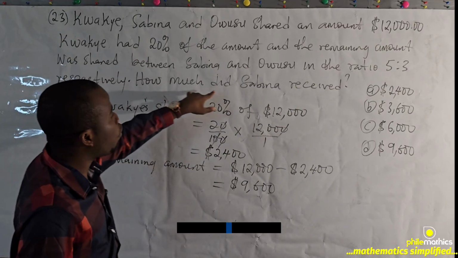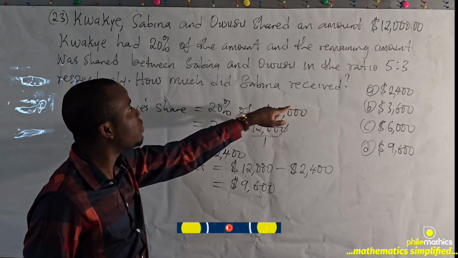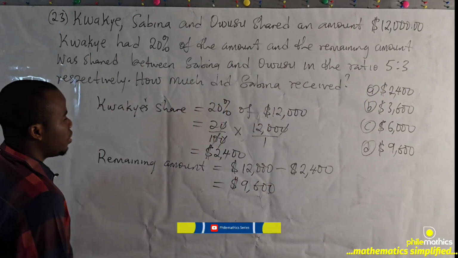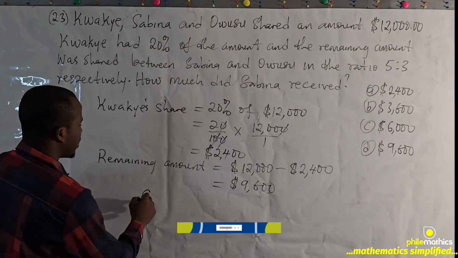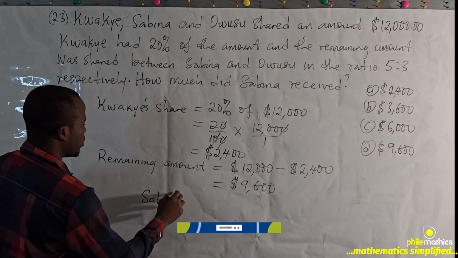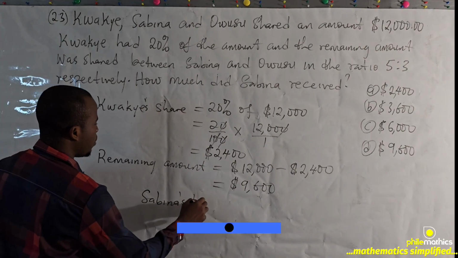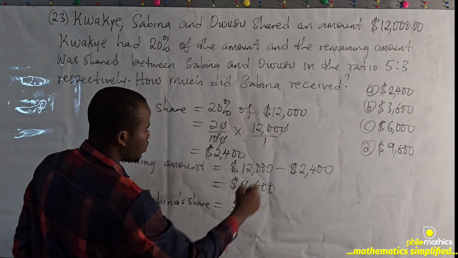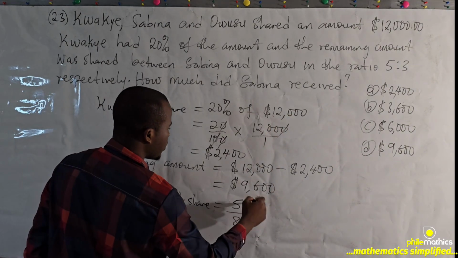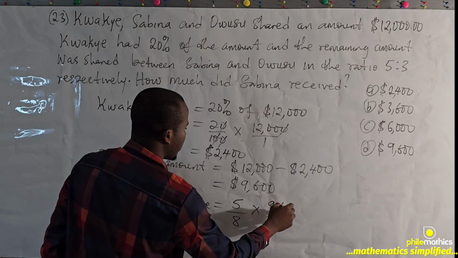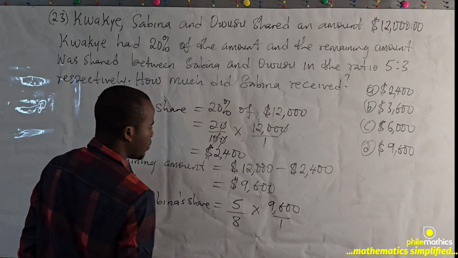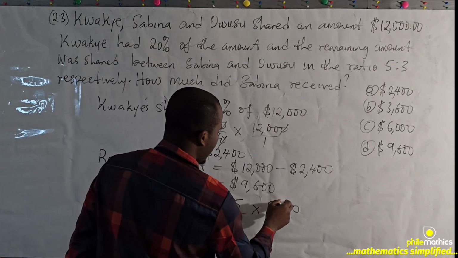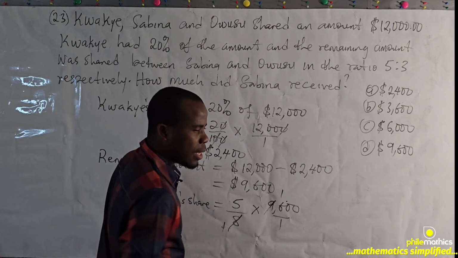We are asked to look for how much Sabina received. So Sabina is the one with the 5. And so Sabina's share was 5 over the sum of their ratio, 8, times the remainder, 9,600 over 1. 8 into 9 is 1, remainder 1.